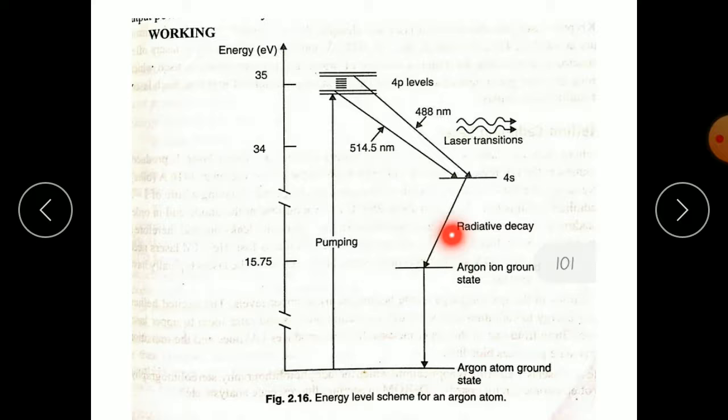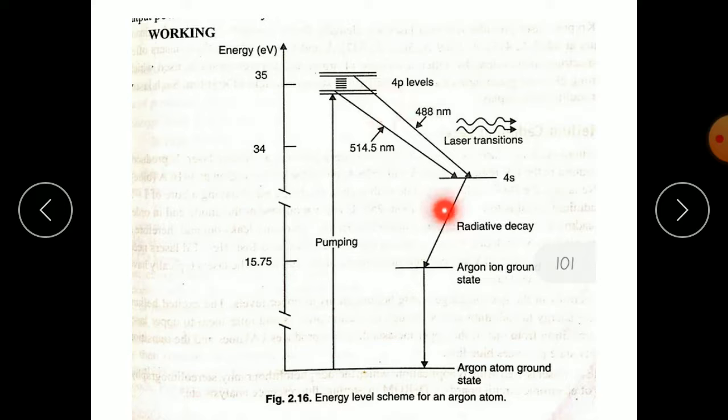So this is also a radiative transition. Again, the ions capture electrons and come back to the ground state, and this process continues. So this is the working of the argon laser. The atoms again absorb energy and go to the excited state, and the process continues.